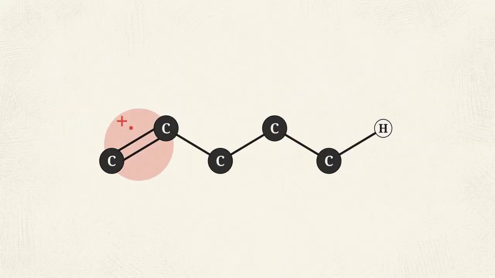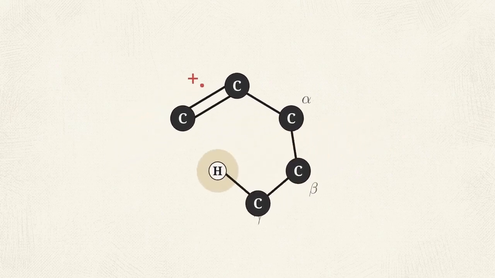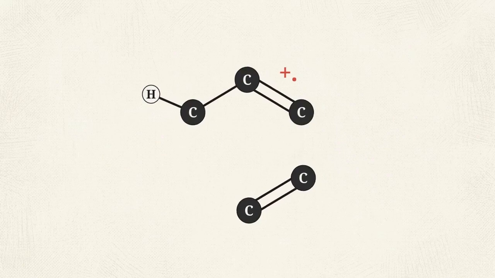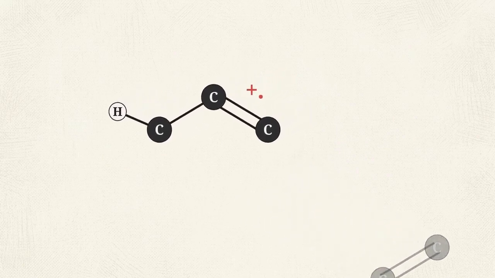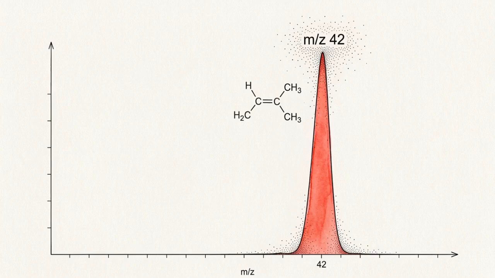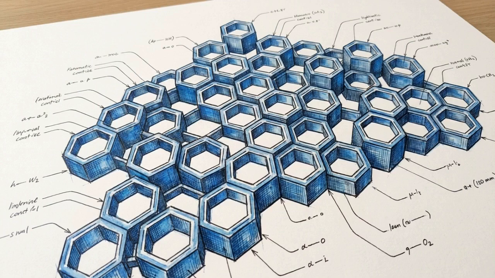The carbon-carbon double bond provides the electron-deficient pi system, and the chain is long enough to furnish an available gamma hydrogen. The molecule curls, the hydrogen transfers, the beta bond cleaves, and a neutral alkene is expelled. The resulting signature peak for this alkene registers reliably at m/z 42. This behavior scales up to much larger aromatic systems.